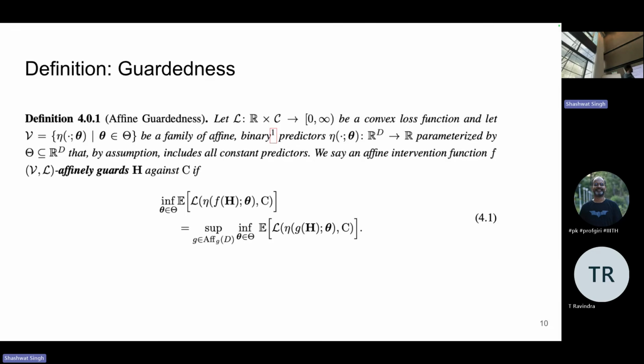And eta is? The classifier. So eta is parameterized by theta. Theta is shared. Yes, essentially, it's the unbound variable, so to speak. So inside we're just saying that it's the best possible classifier every time, and now we're saying that the worst.